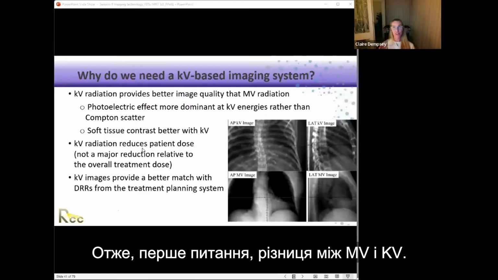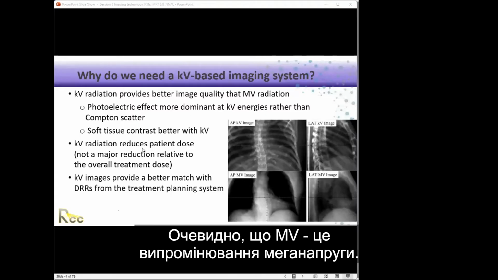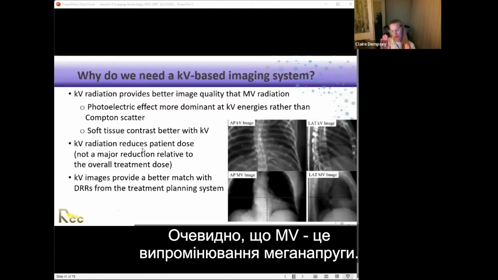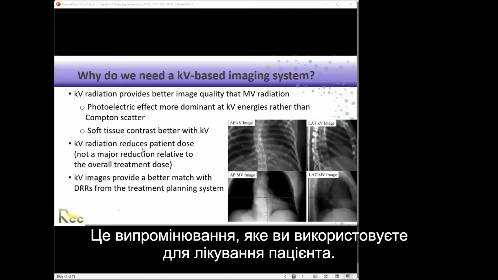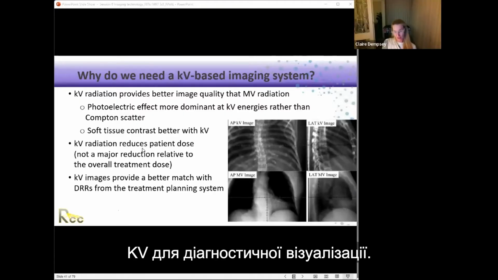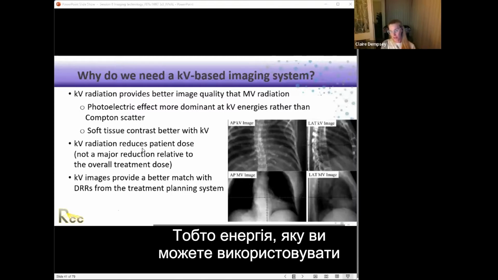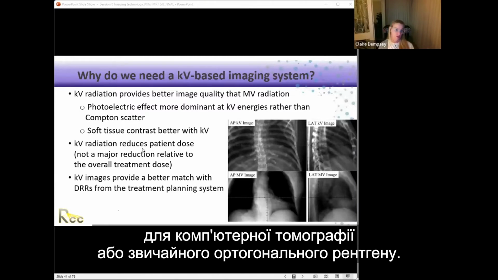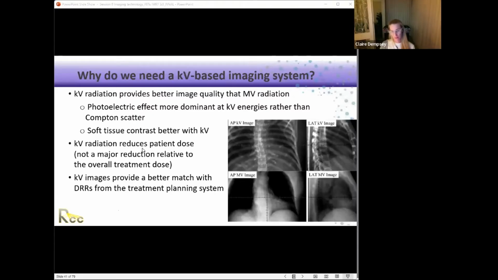So the first question, the difference between MV and KV. MV is obviously your megavoltage radiation. So that's the radiation you're using to treat the patient. KV is kind of your diagnostic imaging energy, the energy that you might use for your CT or a normal orthogonal X-ray.